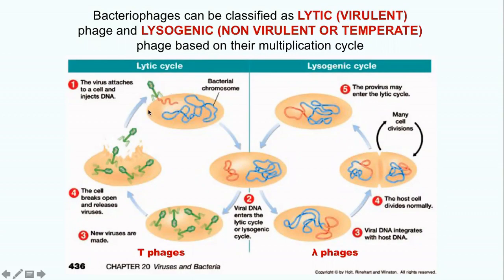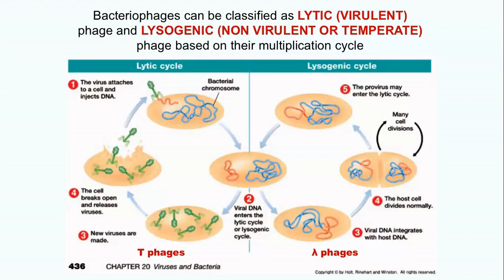Once this viral DNA enters the host cell, it takes over the machinery of the bacterial cell, and it disintegrates or chops down the bacterial chromosome and takes over the whole cell. Using the biosynthetic machinery present within the bacterial cell, the genetic material of the virus divides and multiplies.